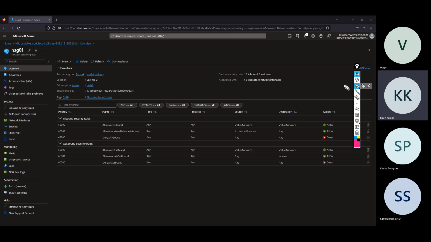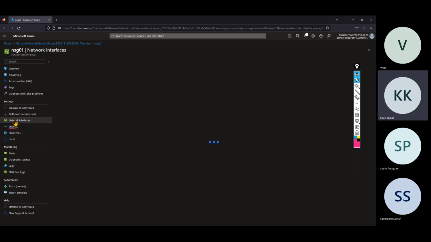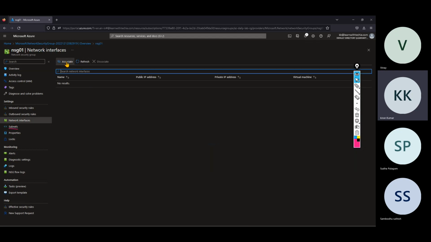Generally, in real time we associate at the subnet level. If you want to associate at the network interface card level, go to the network interface card and select that particular network interface card.